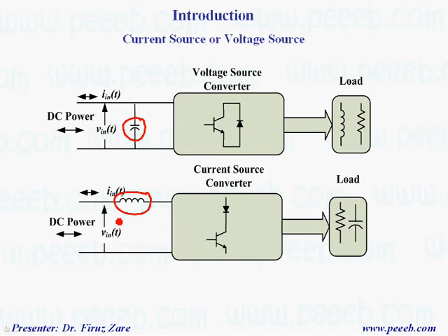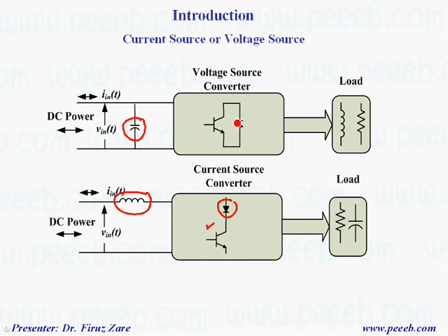That's why in this case, operating at high power applications, we need to have a large inductor. And in this case, instead of bidirectional current switch, we need to have a diode in series with the switch to be able to handle positive and negative voltage across the switch.